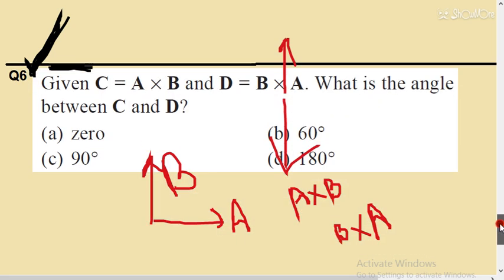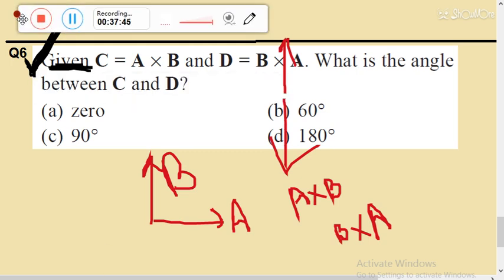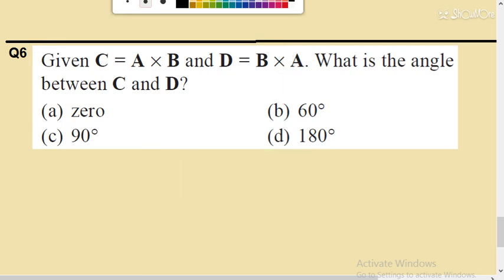The last question. This one was similar to the ninth one. The last question on screen, the sixth question, is similar to the ninth question.